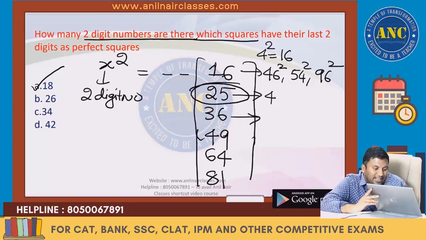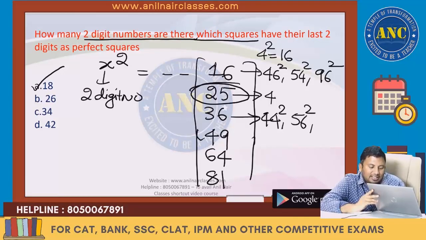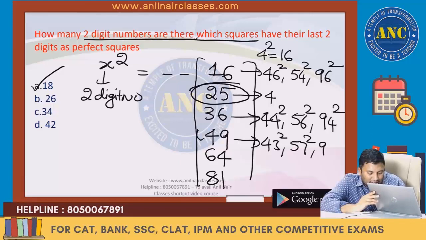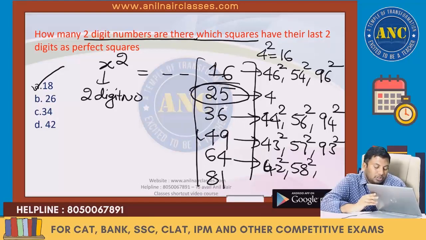One little danger is there, that also we will discuss. 6 square is 36: 50 minus 6, 50 plus 6, 100 minus 6, 94. 7 square: 50 minus 7, 50 plus 7, 100 minus 7. 64: 50 minus 8, 50 plus 8, 100 minus 8. I hope it is clear.